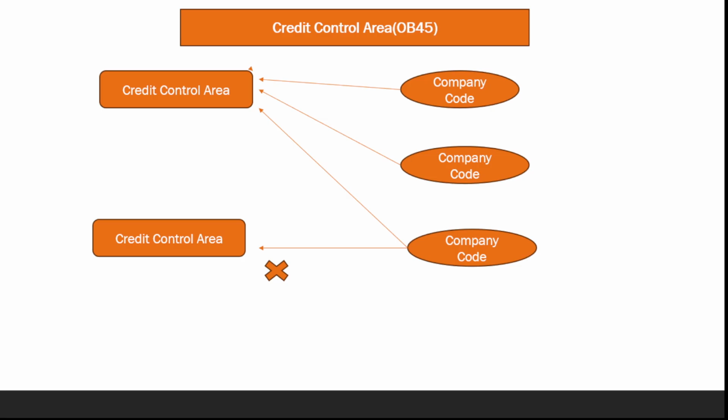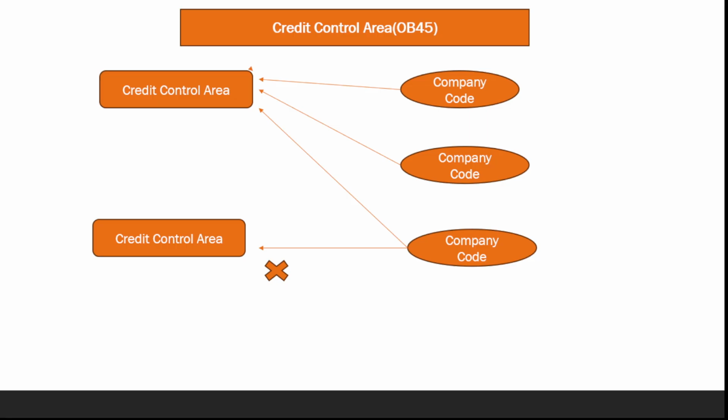If a single customer is created in several company codes and assigned to different credit control areas, a separate credit limit is managed for the customer for each credit control area. So that is how it should be done.